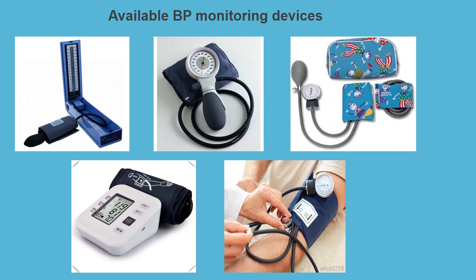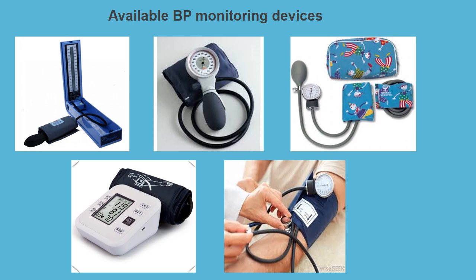The next one is with a dial, and the next 3 are with a dial. They don't have a mercury column, but they have a dial instead of the mercury column. Their advantage is that they are portable devices, so you can just take them to the hospital in your overall pocket or in your bag, and you don't need to carry a sphygmomanometer all the time, which you cannot carry easily.